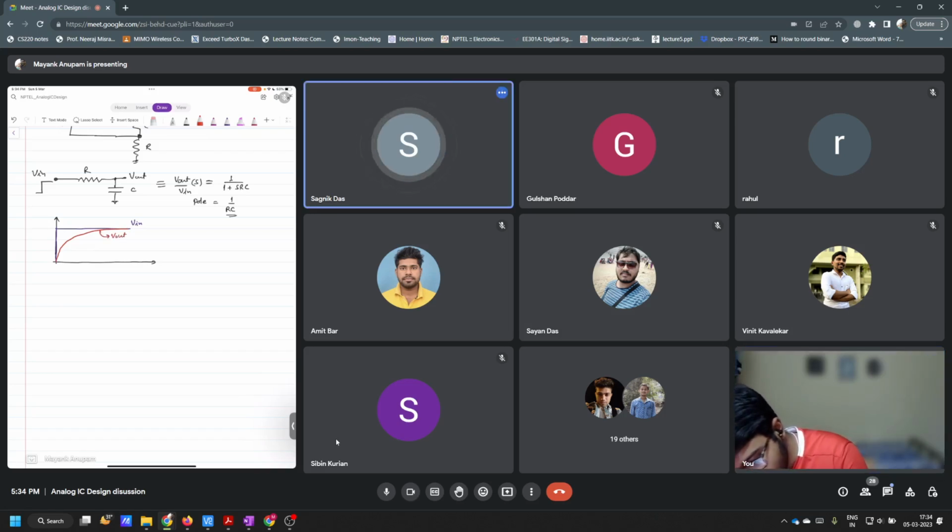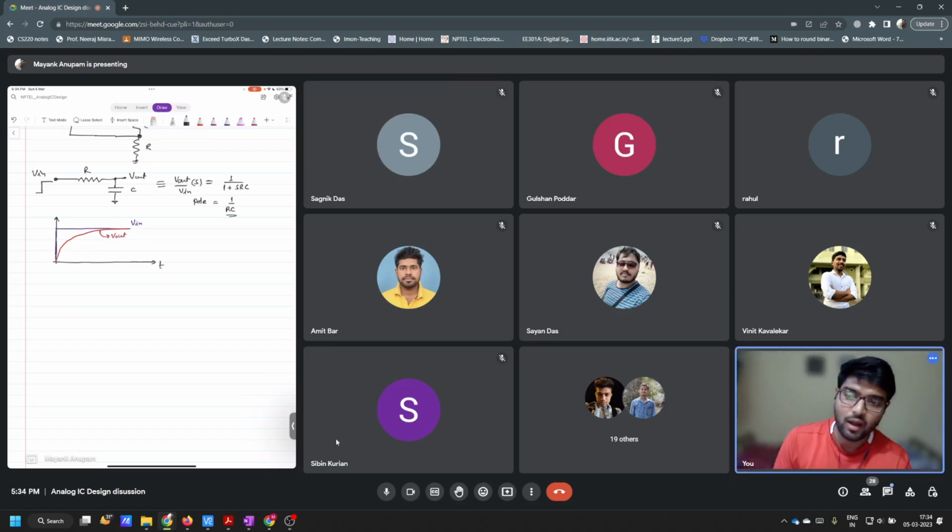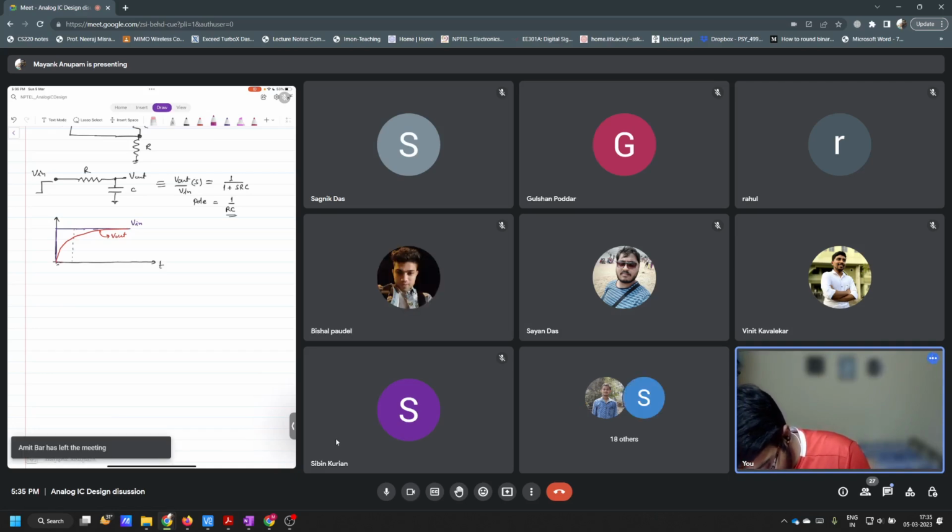Correct? So you can see clearly that there is some delay. It is not an ideal delay. What would be an ideal delay? If the system's response goes like this, after some time, if this is TD, then the output V out would look something of this kind.